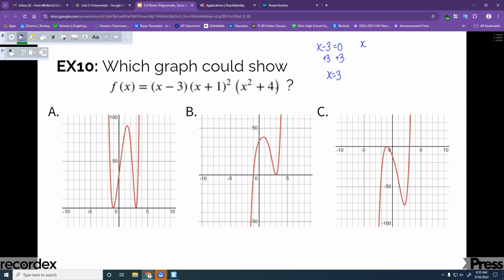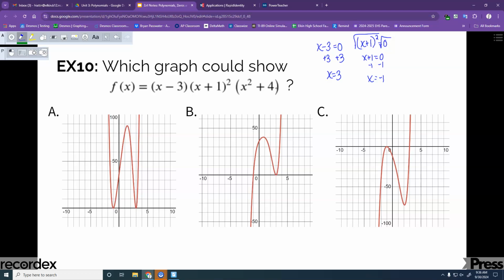I'm going to have x plus 1 squared equals 0. That, I'll square root both sides. It's just going to be x plus 1 equals 0. I'll subtract that 1. X equals negative 1. For both of those, you can basically take the opposite sign. So that means we should be crossing the x-axis at 3 and at negative 1.